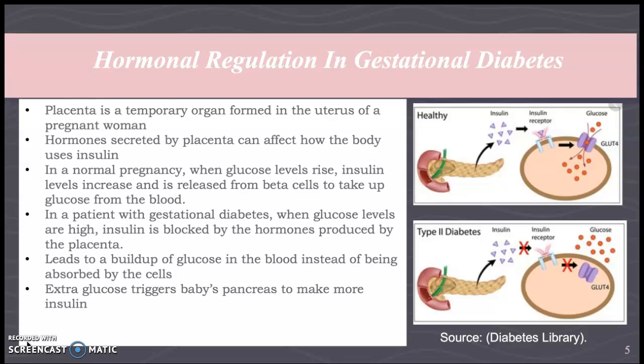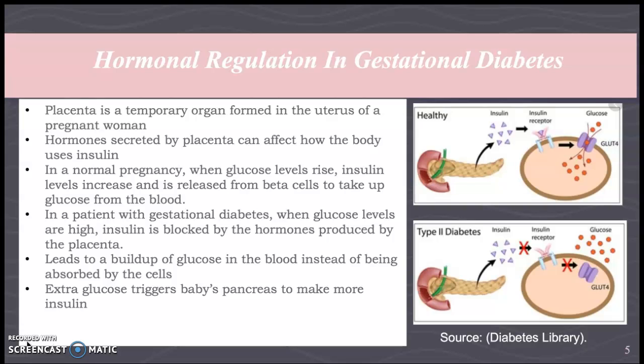So in a normal pregnancy, when the glucose levels rise, insulin is released from the beta cells in the pancreas to take up glucose from the blood. In gestational diabetes, the hormones produced by the placenta, like we said, increase maternal glucose levels.